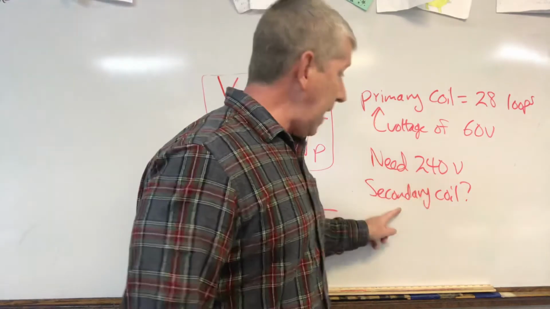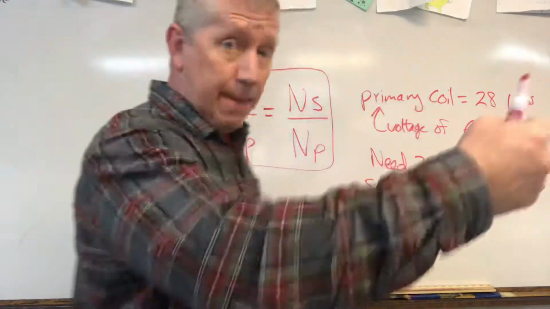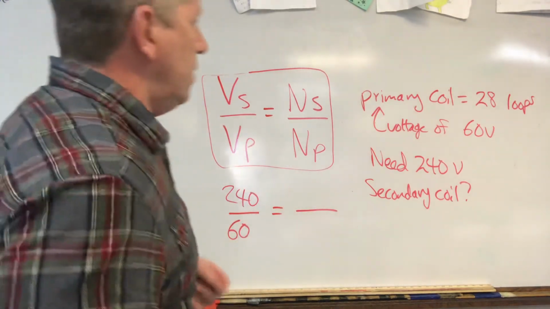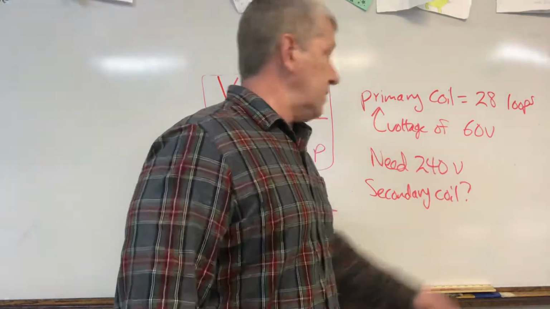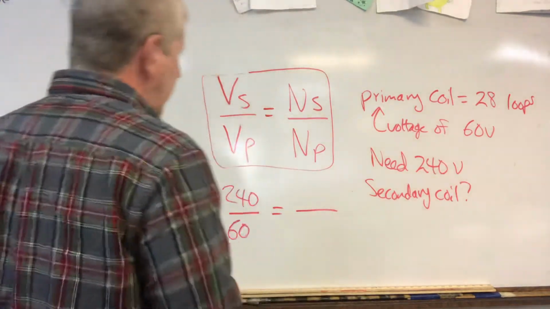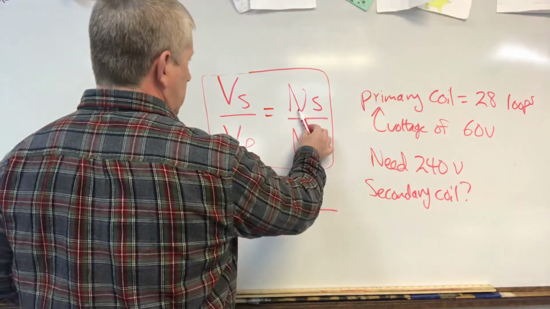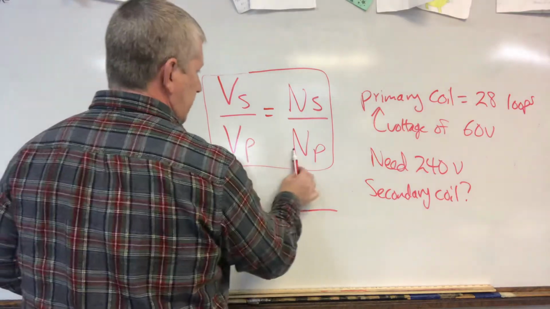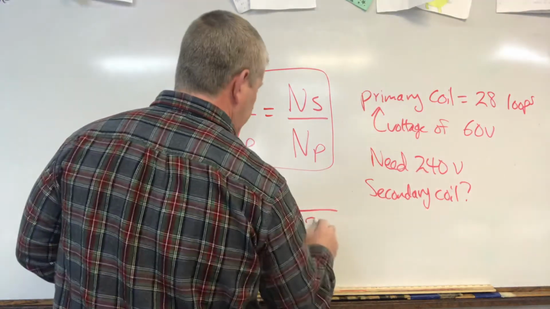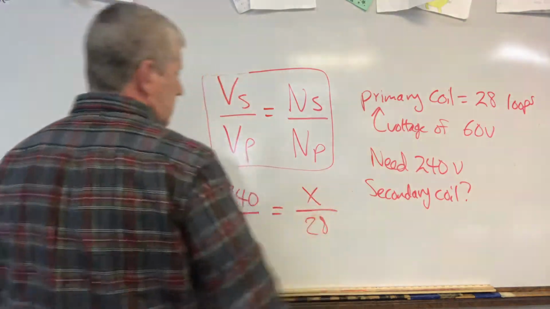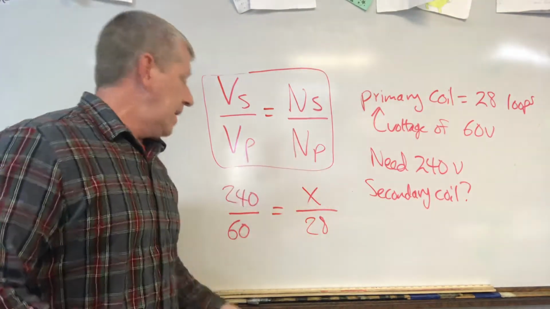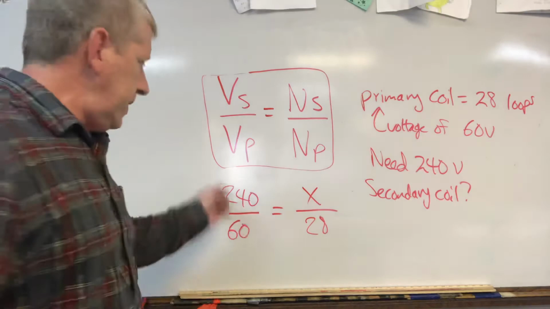Needed, coming out of the secondary coil, so we're stepping it up, so that'd be 240. And we produce this 60 volts by 28 loops of wire. So this is the voltage of the primary, so the number in the primary is down here on the bottom, 28. And I'll put an X up there for how many coils I need in the secondary. And you cross multiply, divide, you'll get your answer.